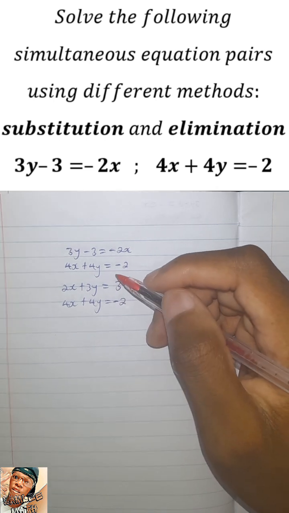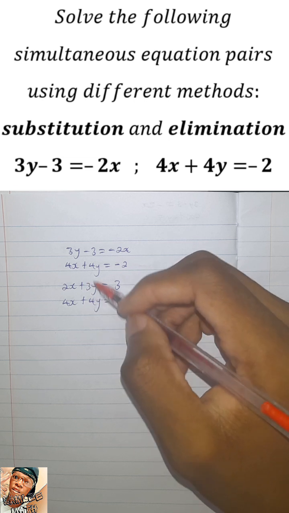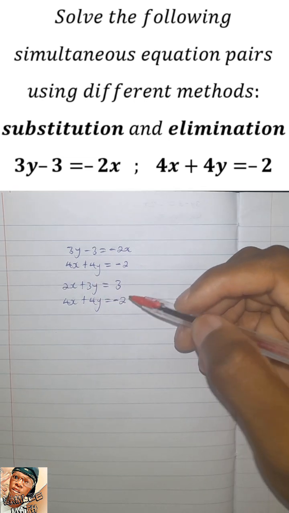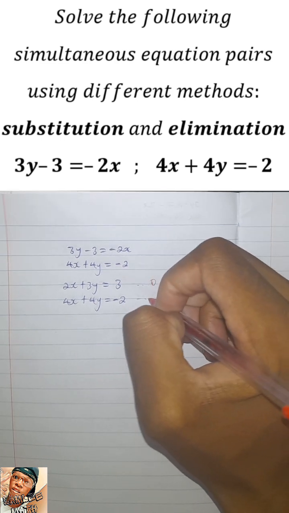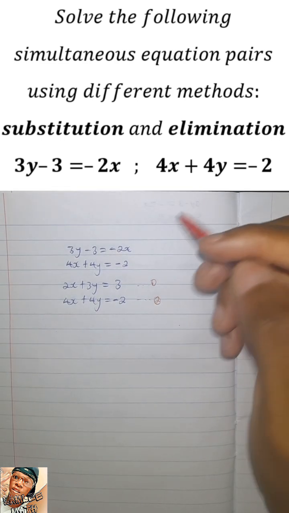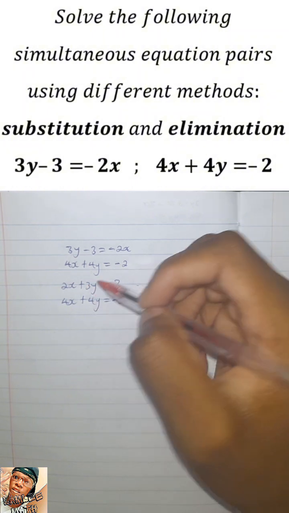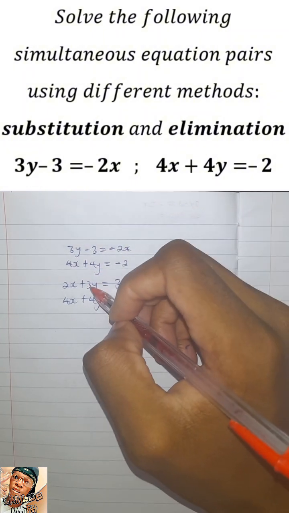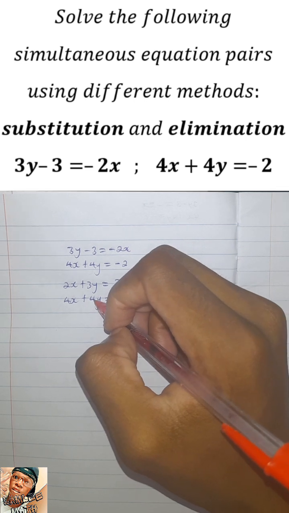So to eliminate y, we have to make sure that in both equations the coefficient of y is the same, right? So in the first equation the coefficient of y is 3, in the second one it is 4, right?